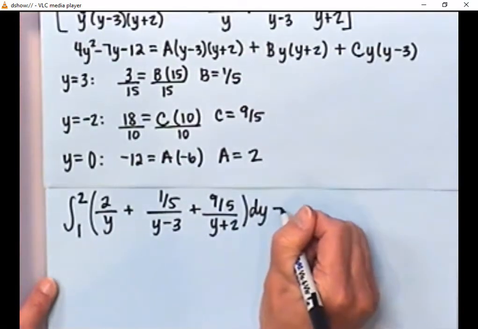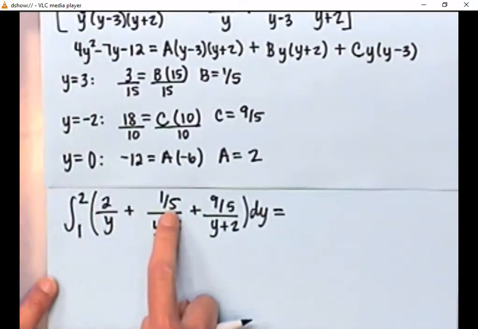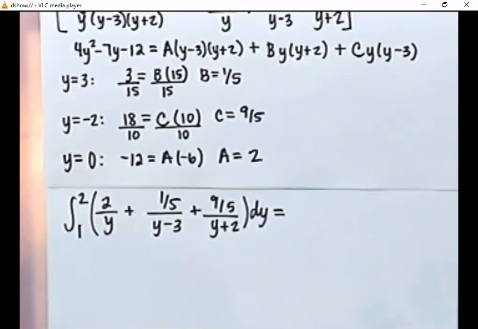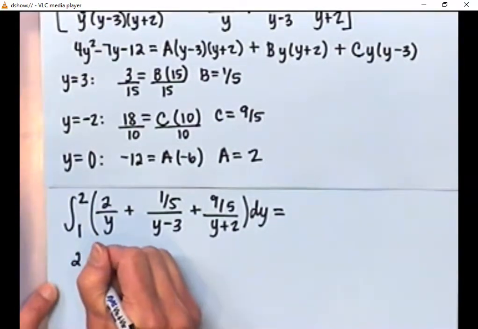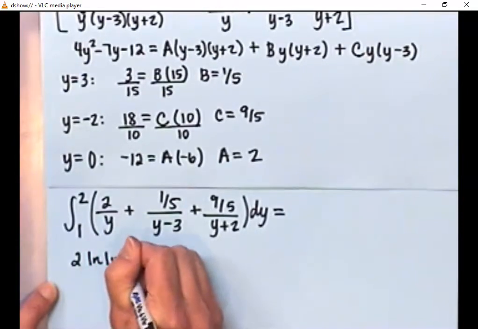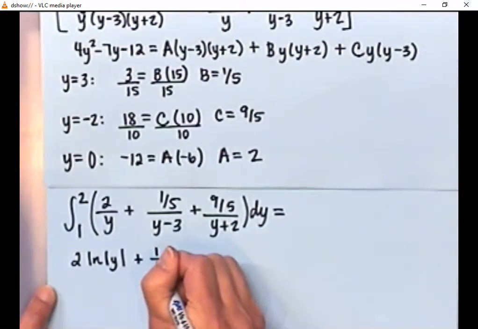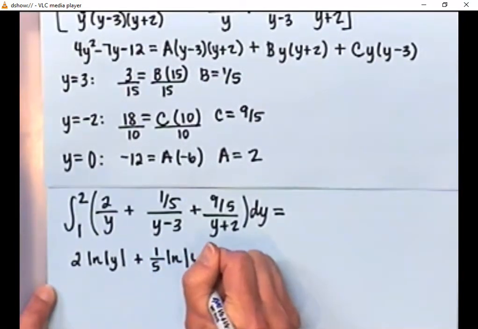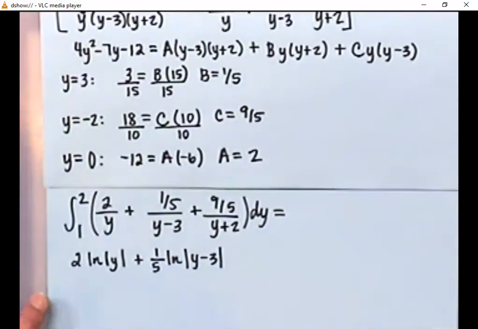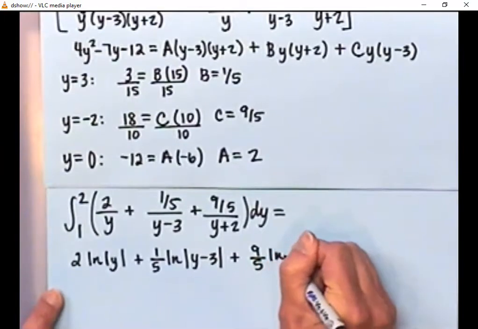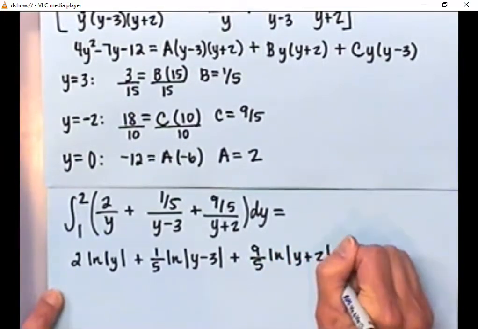So when I integrate each of these, notice these numbers on top are just constants, so technically here I just have a 1 over y. So the constant comes out front too, and it just becomes natural log of the denominator y. Okay. Same thing with this one, 1/5 natural log of the absolute value of y minus 3, and then a 9/5 natural log of the absolute value of y plus 2.